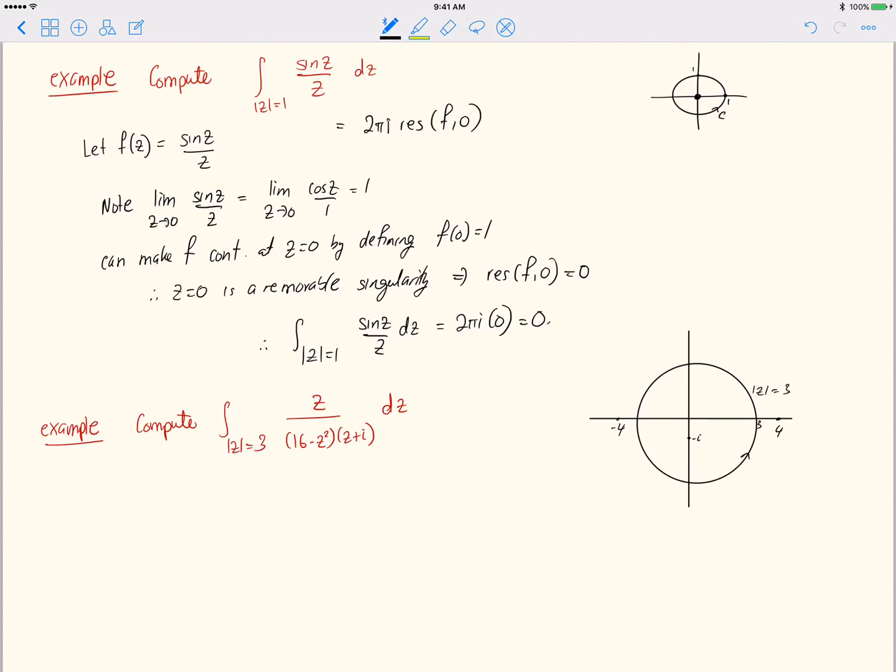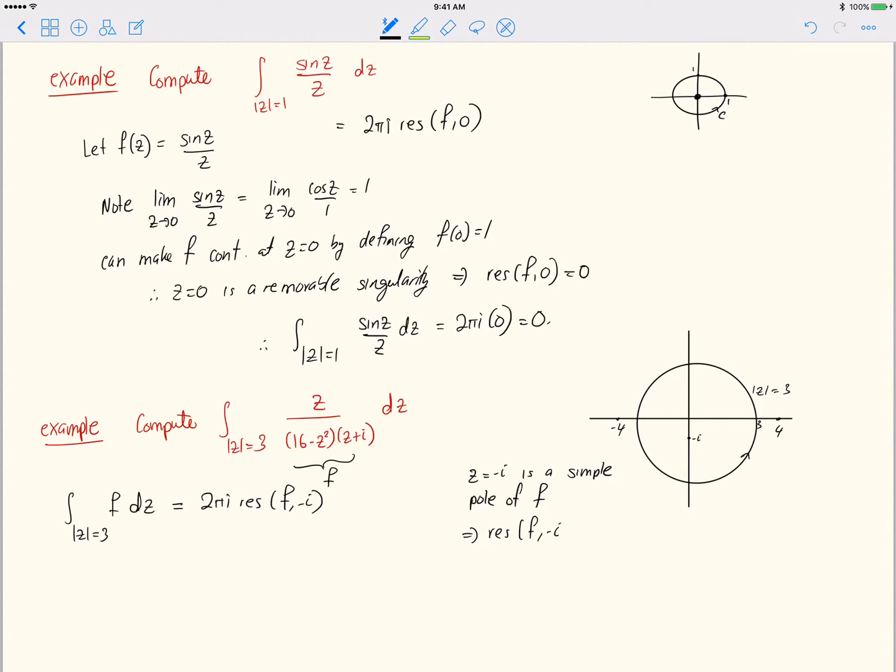So this one, again, if I call this f, the integral of f dz will equal 2 pi i times the residue of f evaluated at negative i. Okay, it's not too hard to see that z equals negative i is a simple pole of f. You can easily see that. So then, if I want to figure out the residue at negative i, I just use my formula.